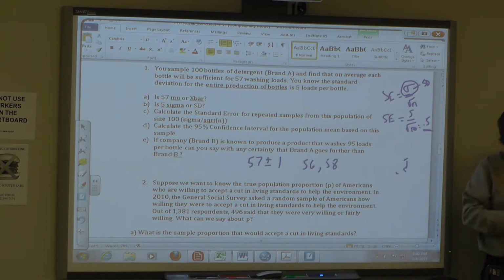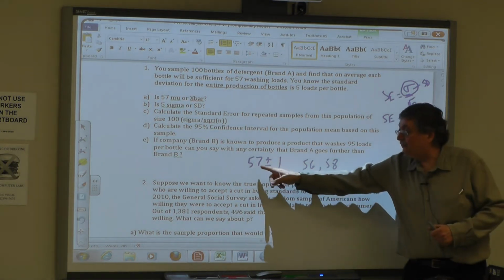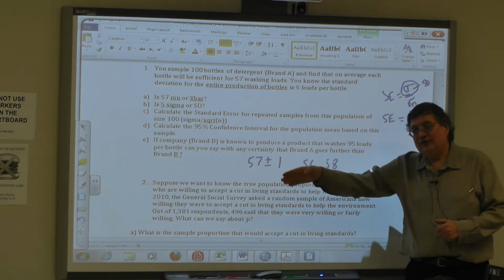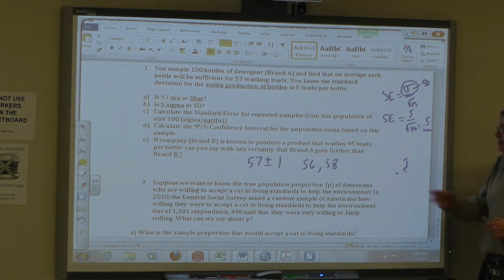Now let's say I told you the sample size was only 25. That would be 5 over the square root of 25, which is 5. So the standard error would be 1. So our 95% confidence interval would be 57 plus or minus 2, right? So 2 below, 2 above. So it would be 55 to 59.